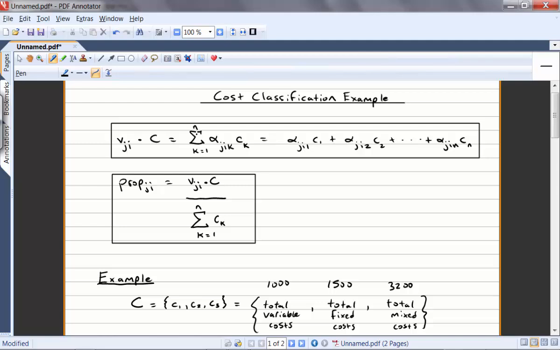k goes from 1 to n. n is the number of costs. In this example, there are 3 of them, so n equals 3. And we just multiply the weights in that vector times their respective costs and sum them up.